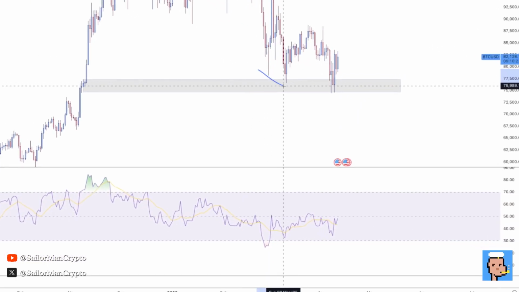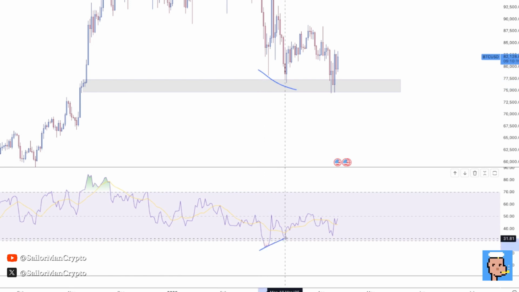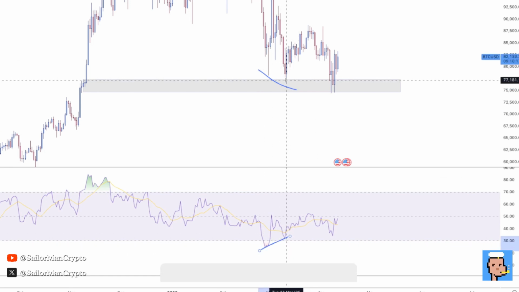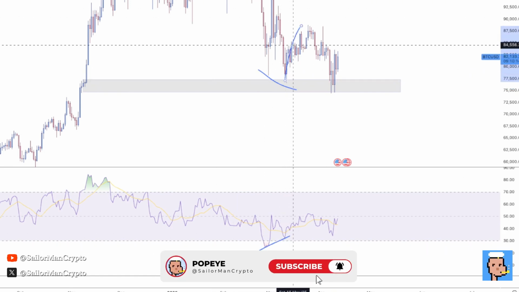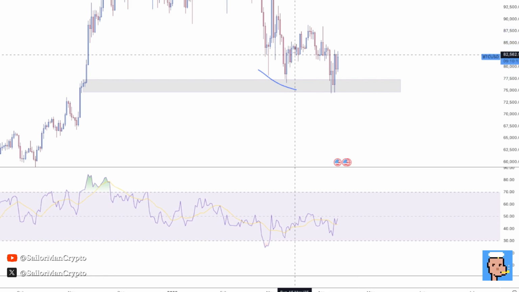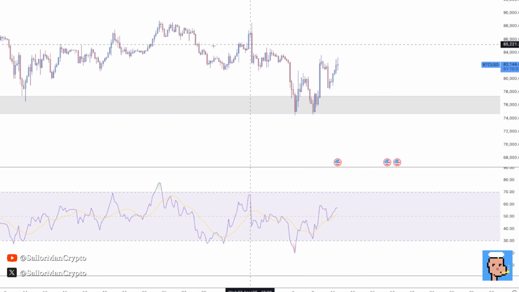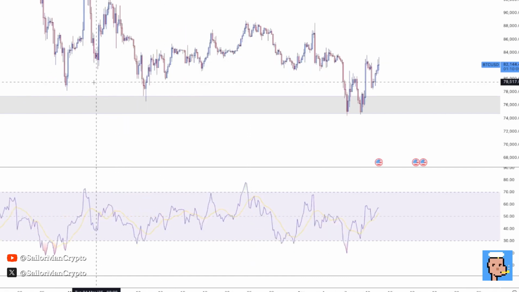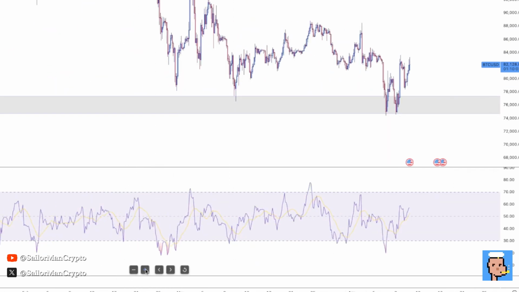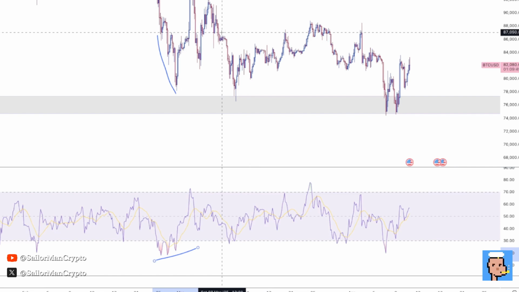So price was moving lower, RSI was moving higher, and we get the bounce and a local reversal. Probably we can see some further divergences. This is also a clear divergence when price moved down, and we have this RSI not making lower lows like the price, but starting to make higher lows.